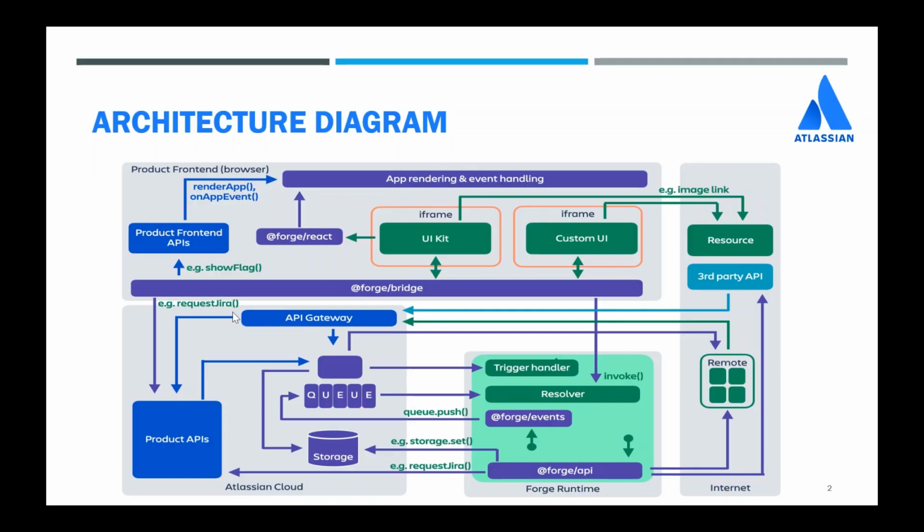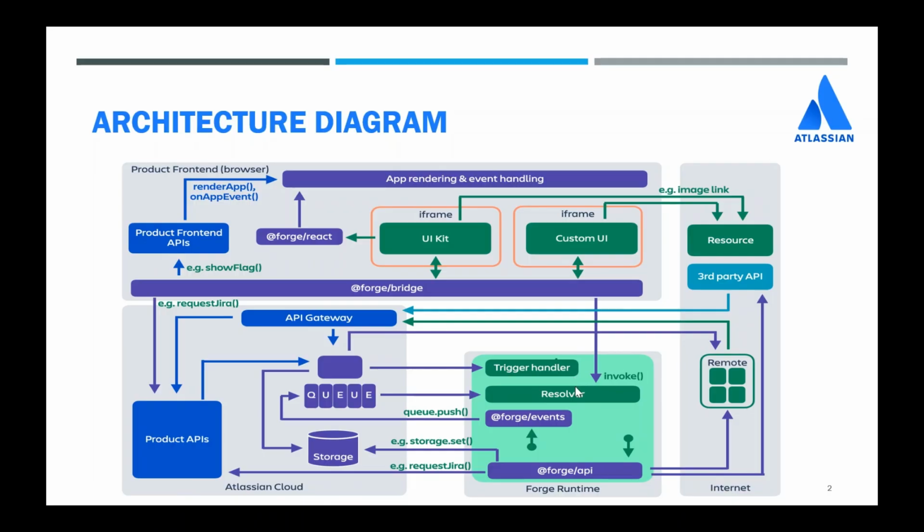Second, Forge runtime. Here you can see in the architecture diagram, the second layer is Forge runtime, which is the middle layer, which talks to the backend. When something needs to happen in the backend, like saving data, the frontend sends a request to the resolver, this one, or a trigger handler using invoke.